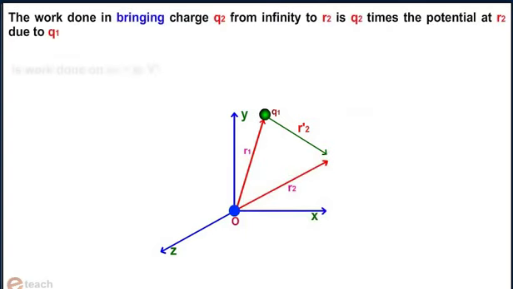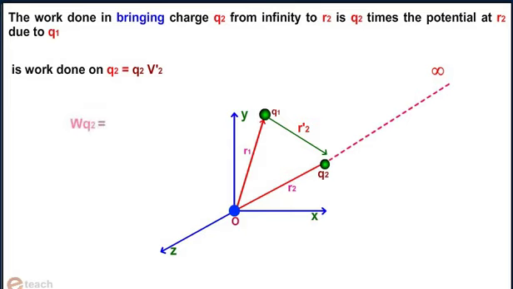The work done in bringing charge q2 from infinity to r2 is q2 times the potential at r2 due to q1, so the work done on q2 equals q2 V'2. Work done on q2 equals 1 by 4 pi epsilon naught q2 q1 divided by r'2.